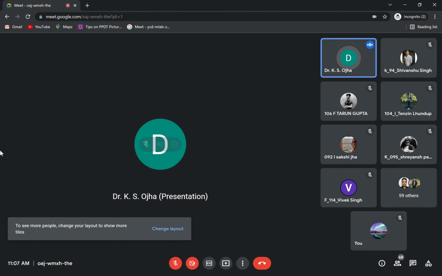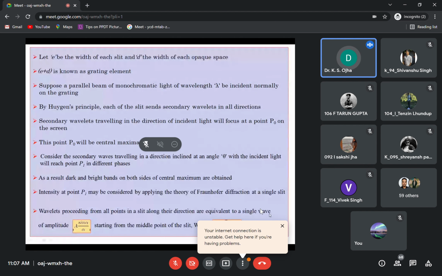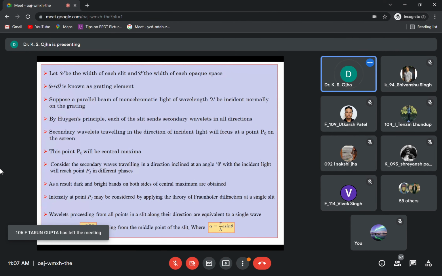All points in a slit along their direction are equivalent to a single wave of amplitude a sine alpha by alpha. Whatever resultant amplitude we got in the case of the single slit, we are using that amplitude here. So from each slit, the ray emerging has the amplitude a sine alpha by alpha.